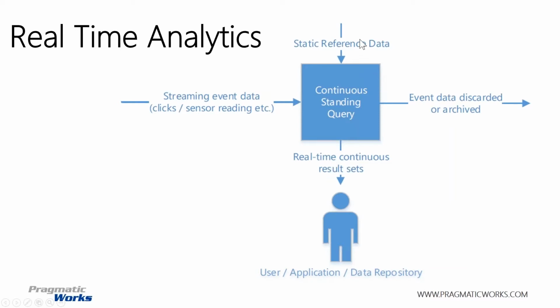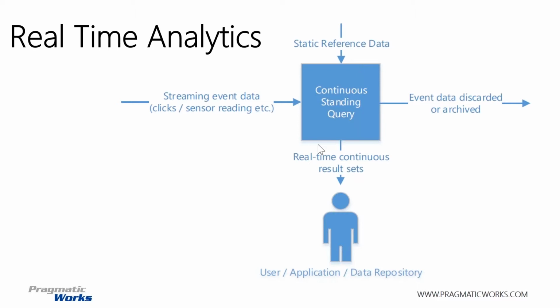So as we are pulling in data from our streaming events, so we're using either clicks from a website or sensor readings or maybe just an application pumping data into our Stream Analytics, we're going to run what's called a continuous standing query on that data set. We're going to look at what that means, but basically with a Stream Analytics solution, we're going to create a query that is constantly run against the data as it streams through our event hubs.